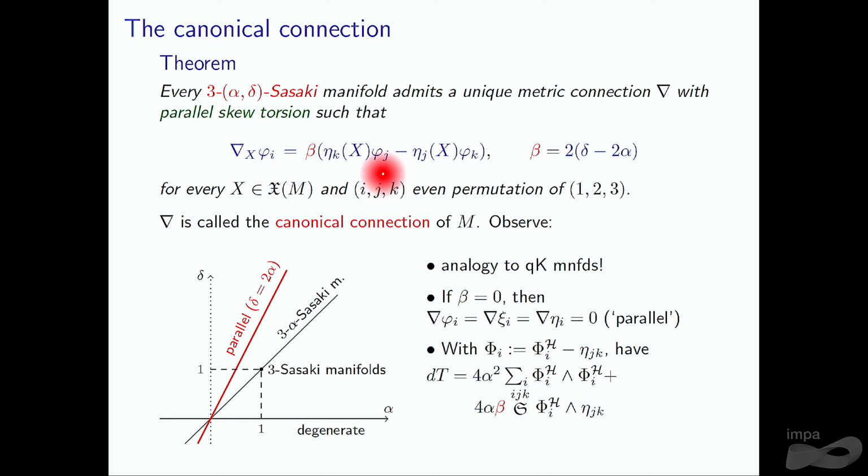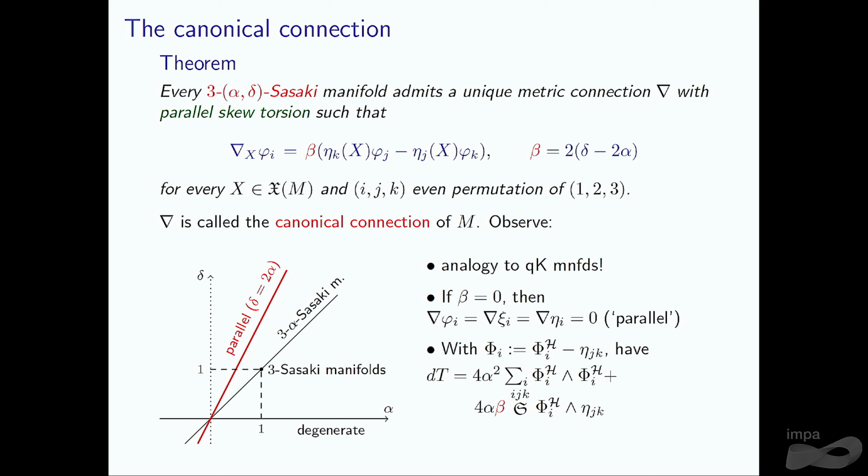It's not 0, but it's a linear combination of phi_j and phi_k. So basically, it should remind you of the behavior of quaternionic Kähler manifolds. But now the connection here is not the Levi-Civita, but my connection with skew torsion. So I don't have that the three structures phi_i are parallel, but at least they span a parallel distribution.